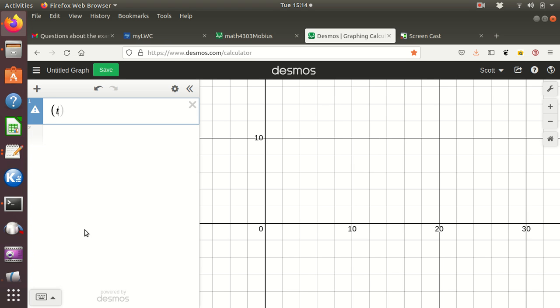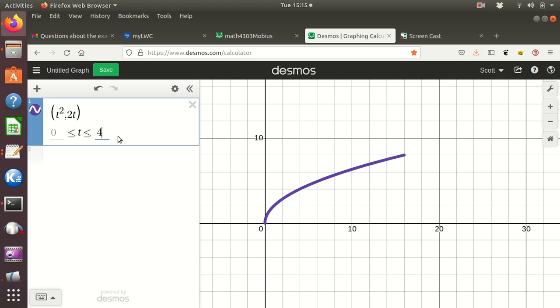So I'm going to use t squared, comma, 2t. And you see it starts doing it and tells me it's letting t go from 0 to 1. And I can let it go to 4, in which case of course it's filling in everything. It's not just doing 4 or 5 points, it's doing lots and lots of points.